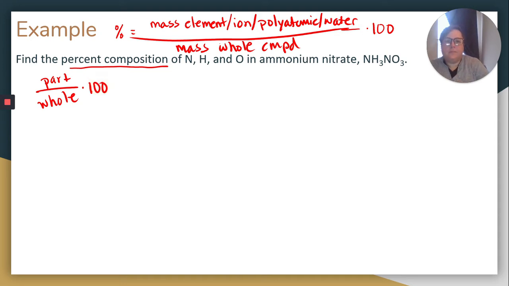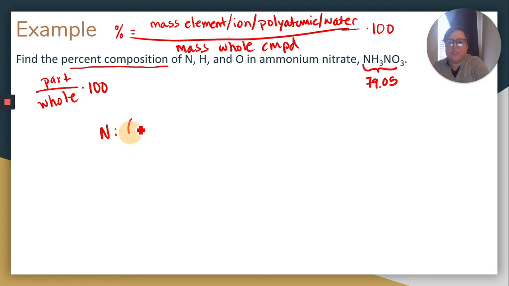So nice and simple. So if we take ammonium nitrate, and we add together all of the masses, this whole thing has a mass of 79.05 as its relative molar mass. So to find nitrogen's percent, we would take the mass of nitrogen.